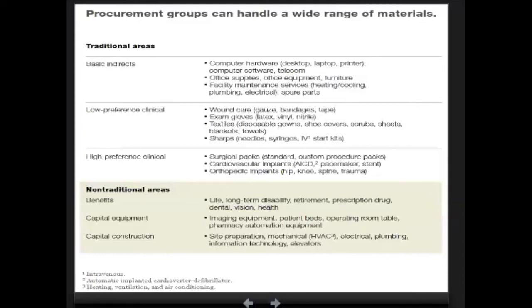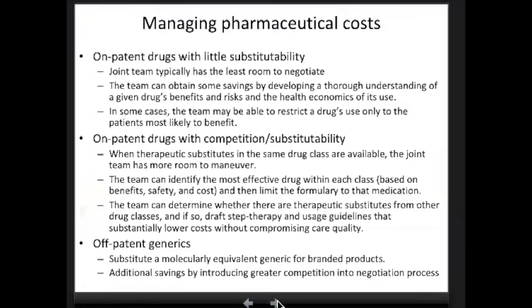And then capital consolidation in the form of site preparation, mechanical installations, etc. It used to be subcontracted, still is subcontracted to project management organizations. But in many healthcare organizations, the sourcing function is also able to take some of these non-traditional areas and address them as part of their sourcing activity.